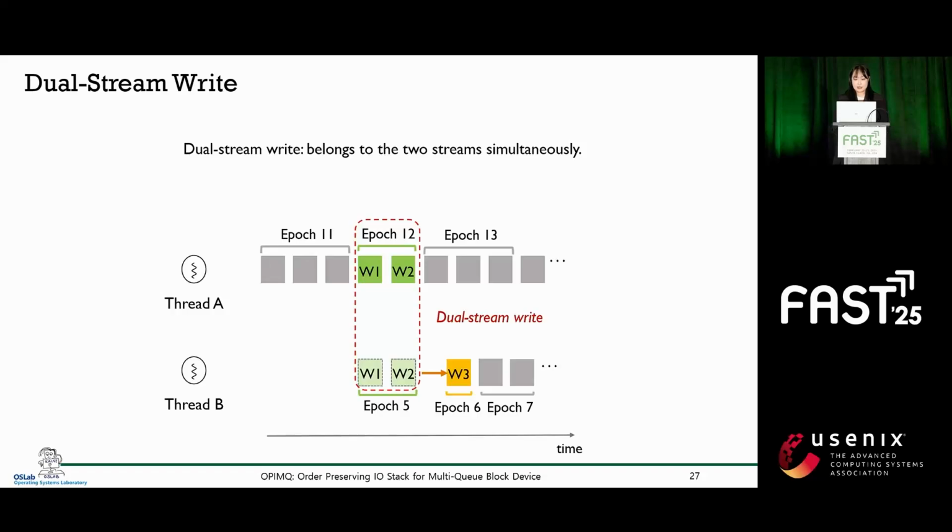For example, in the diagram, epoch 12 from thread A must persist before epoch 6 from thread B. To enforce this, OPIMQ marks W1 and W2 as dual stream writes, meaning they belong to epoch 12 in stream A, while also being part of epoch 5 in stream B.